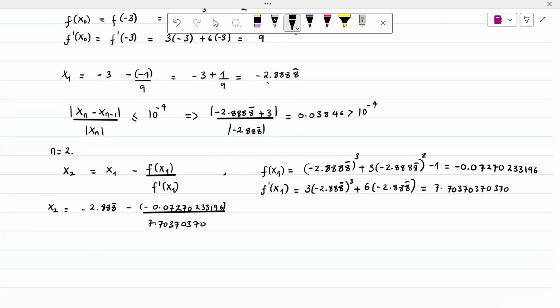So if you check that, x2 should be approximately equal to negative 2.87. Please verify if this is true.